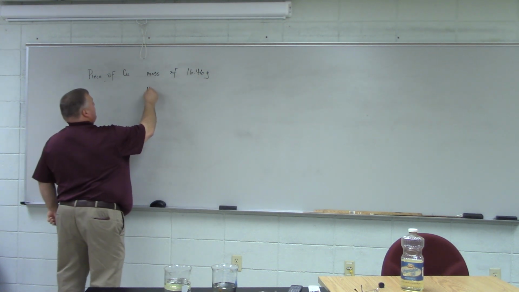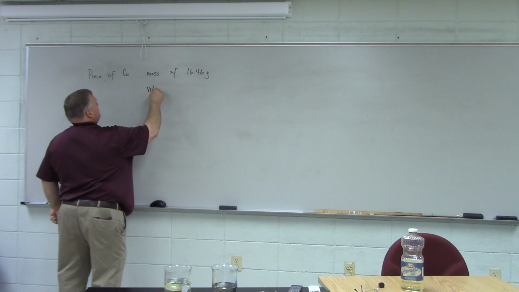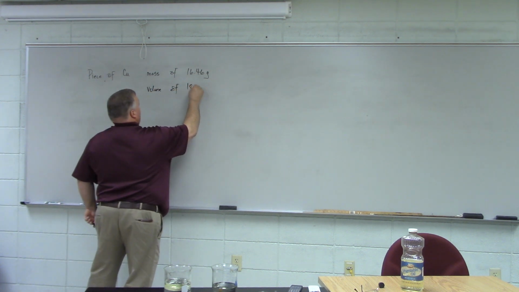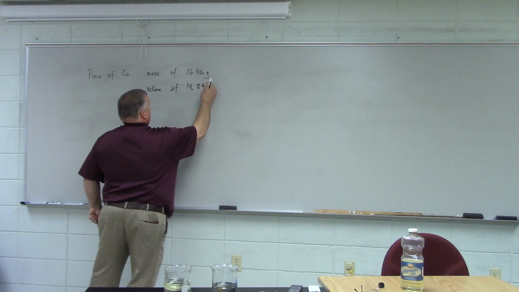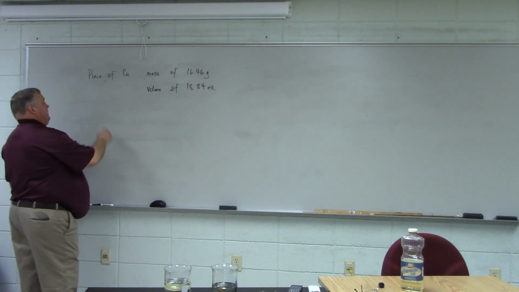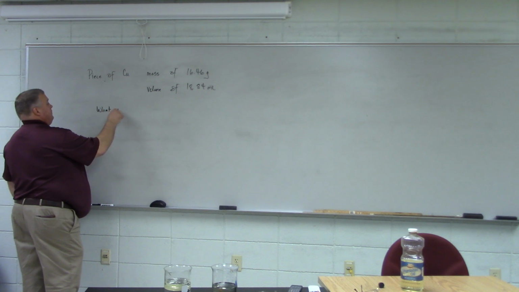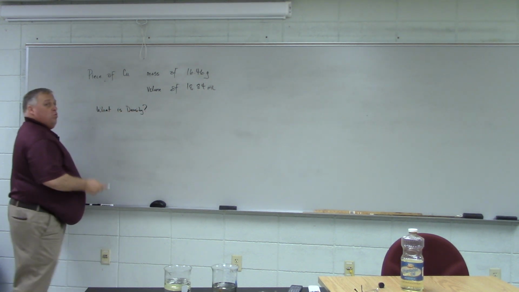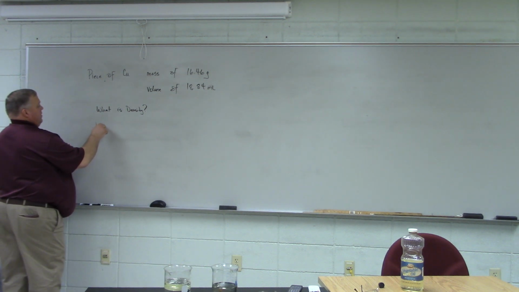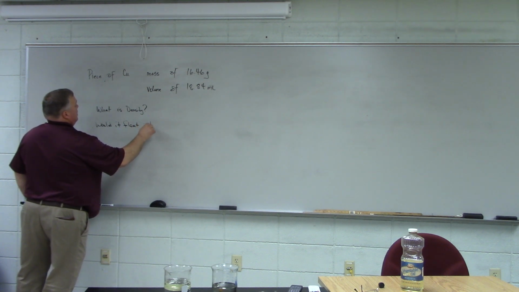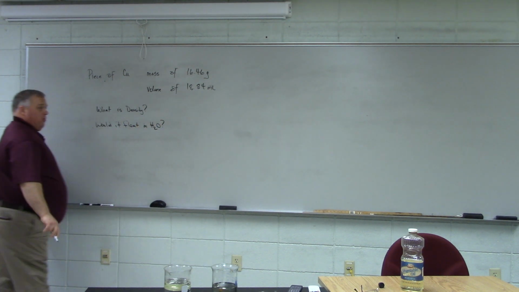It has a volume of 18.84, not grams. Volume would be in milliliters since this is a solid. Okay, so my question is, what is the density? And would it float in just regular tap water?